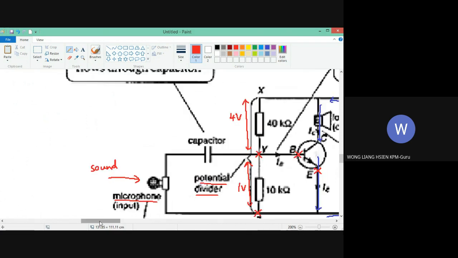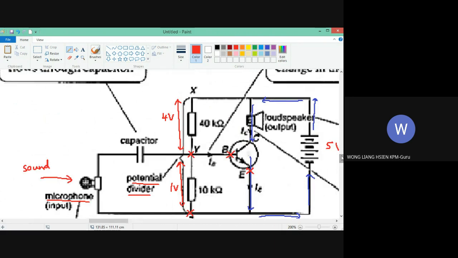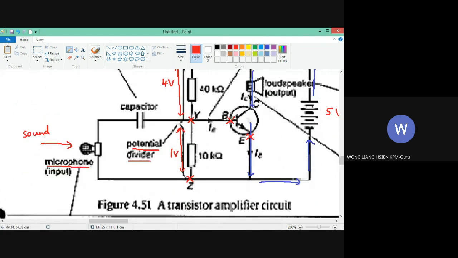The voltage that the microphone supplies is here and here.